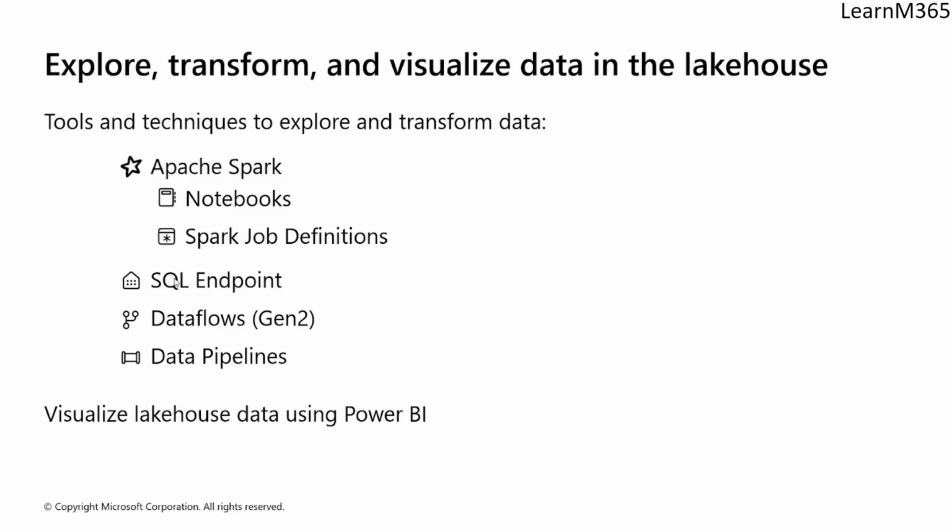Then we have Dataflows Gen2, and a small example we have seen of it yesterday as well. In addition to using a dataflow to ingest data into the lakehouse, you can create a dataflow to perform subsequent transformations through Power Query and optionally land transformed data back to the lakehouse. Along with this, we have data pipelines as well.